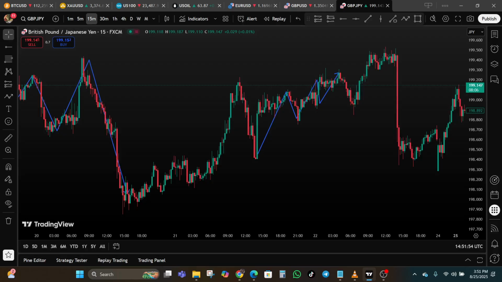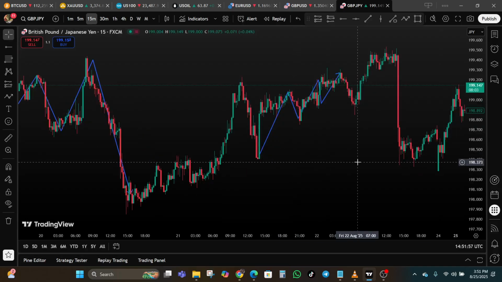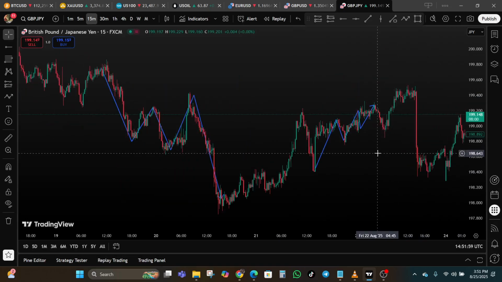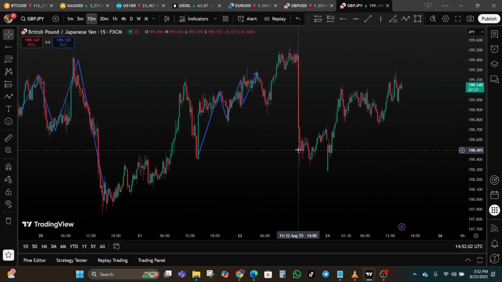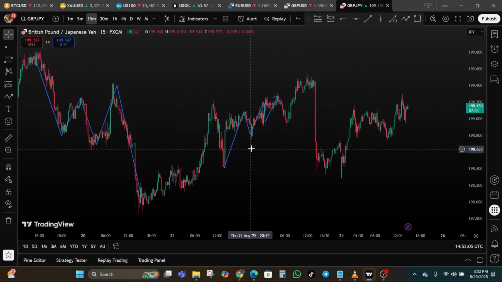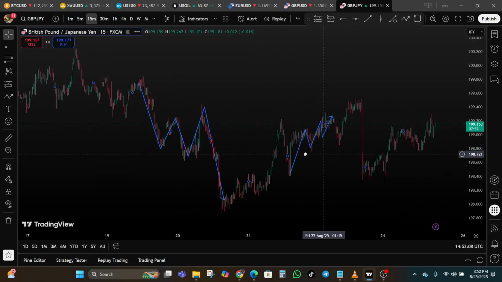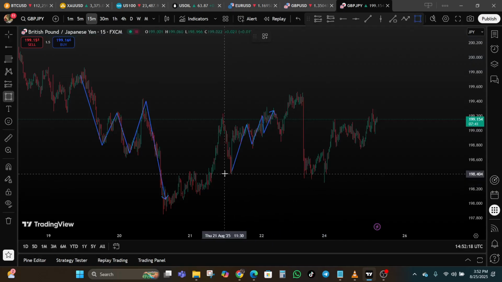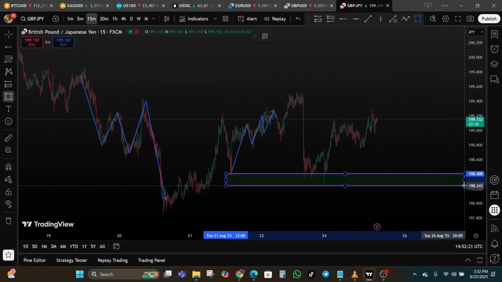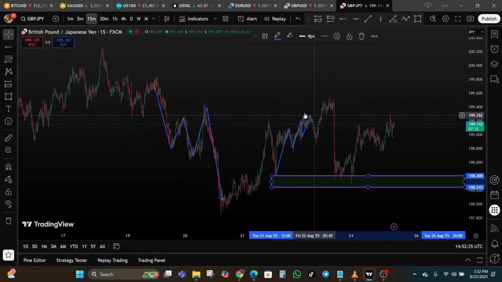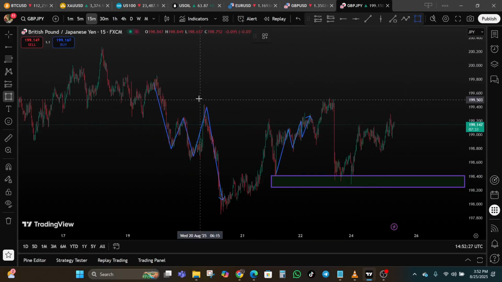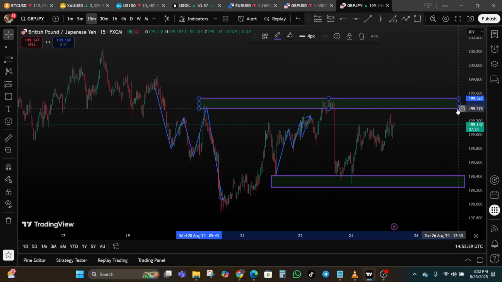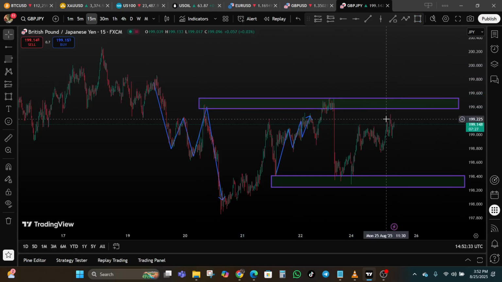Next up, let us look at support and resistance. On the M15 time frame, your support and resistance zones are usually intraday highs, lows, and reaction points. So marking these levels helps you create a trading map.